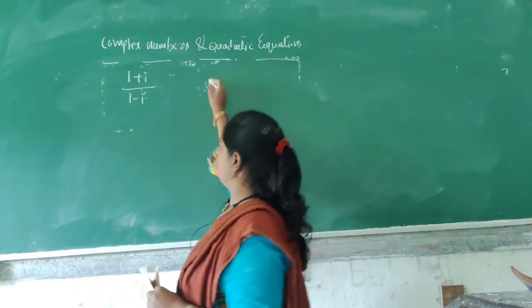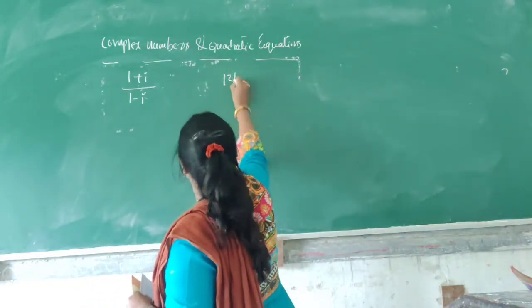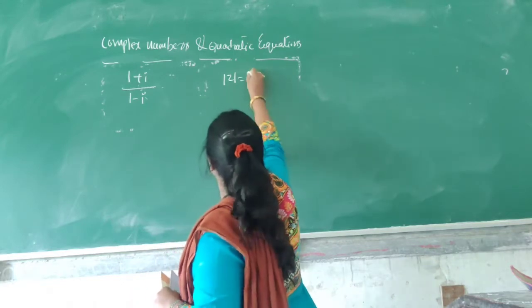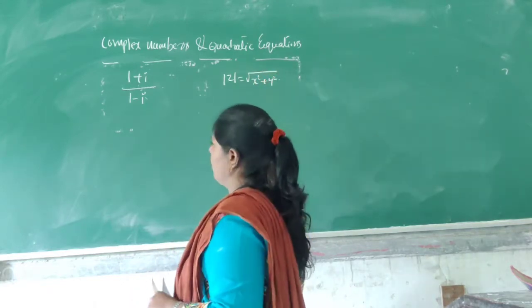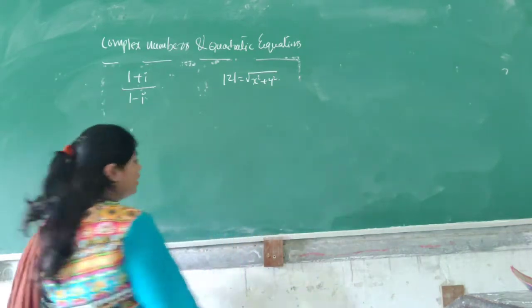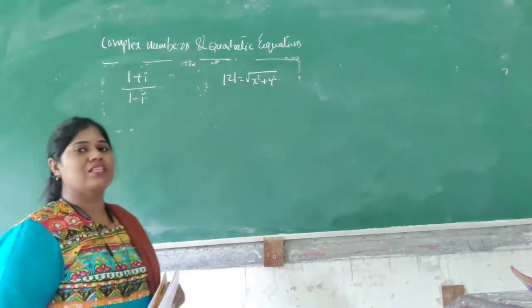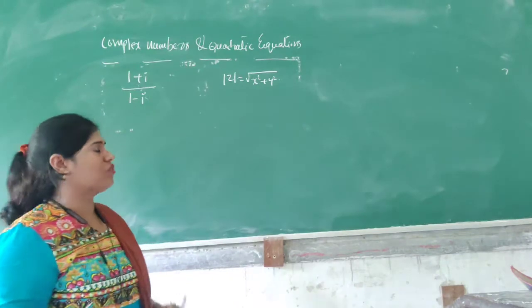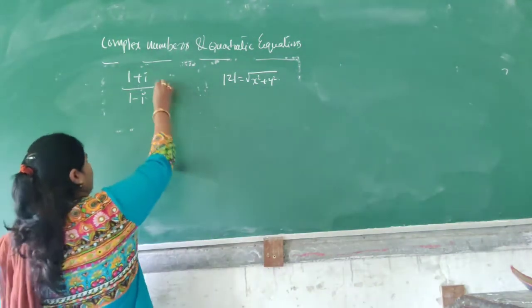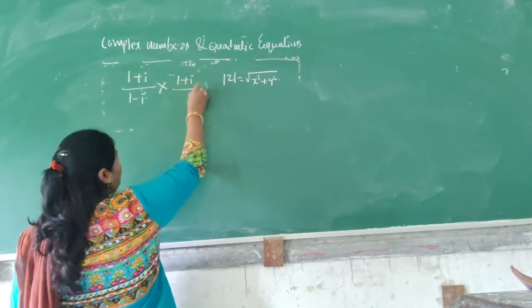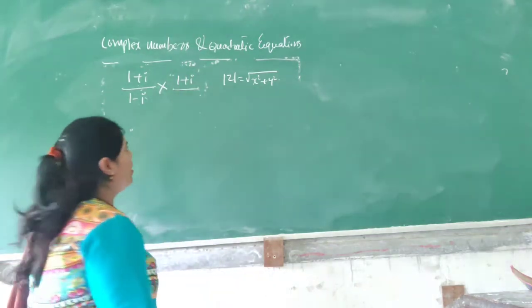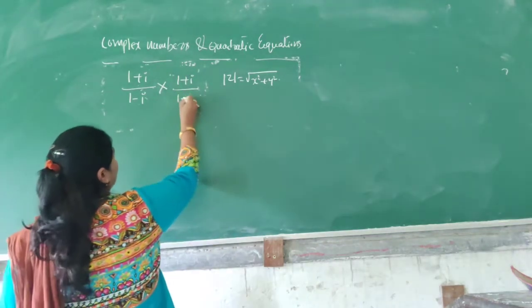Before that, we need to simplify this one by rationalizing the denominator.